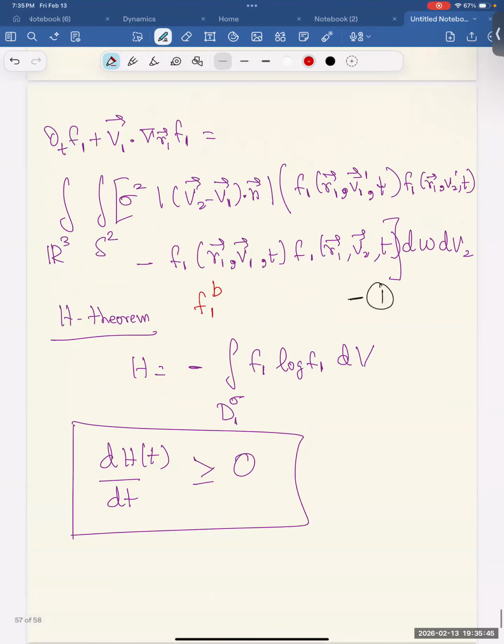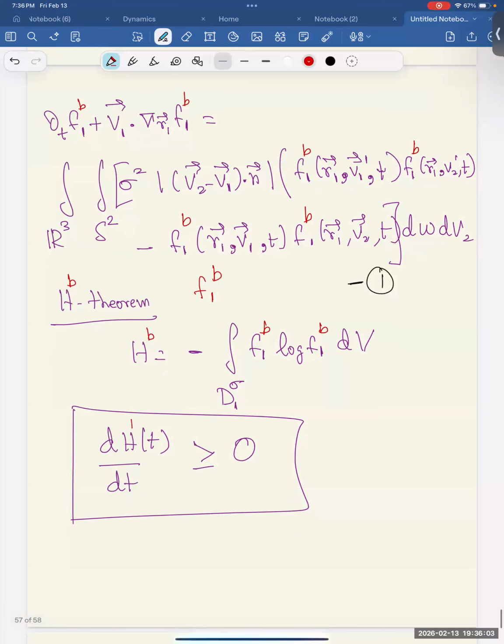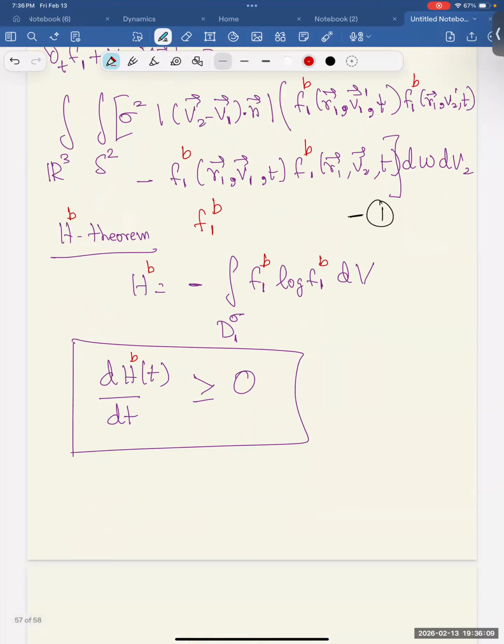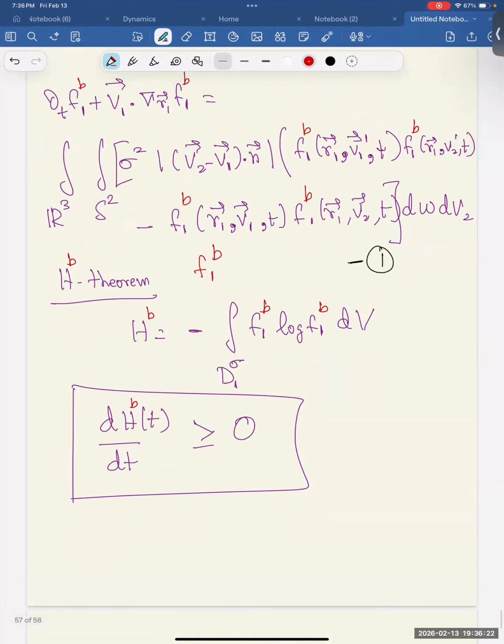So wherever F1 is, let's call it F1b, and I'm going to call this HB. This is what either increases or stays the same for all time, regardless of whatever boundary condition you start in. That's what the H theorem gives you.